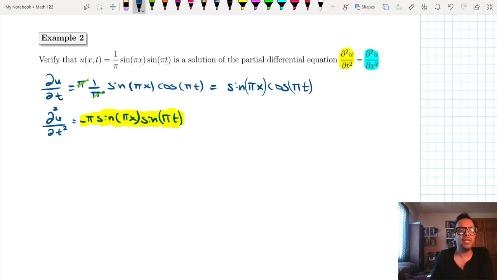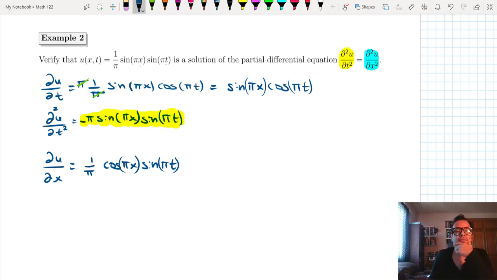So now let's go ahead and do the partial derivatives with respect to x. It's going to work exactly the same. Now we are going to take this factor as constant because we are differentiating with respect to x this time. So 1 over pi, sine, actually not sine, this becomes cosine pi x times sine pi t.